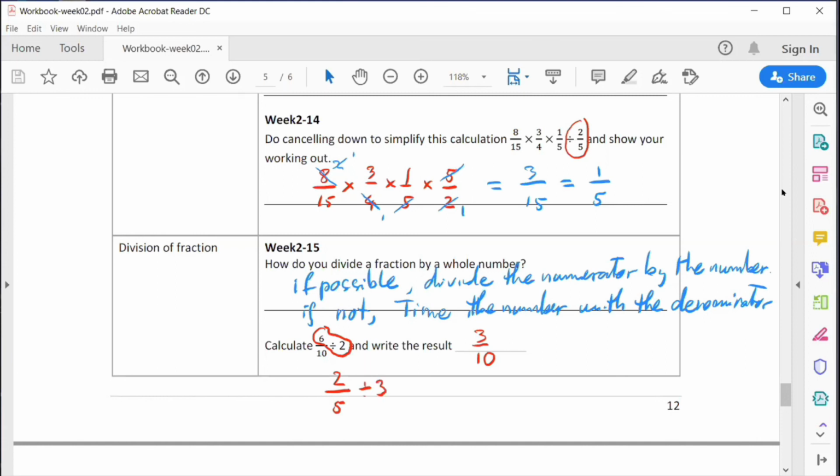Now you have a problem, you cannot divide. So what do we do? Times the bottom. So that becomes 2 over 5 times 3, which equals 2 out of 15. So if you can't do it, that's what you have to do.